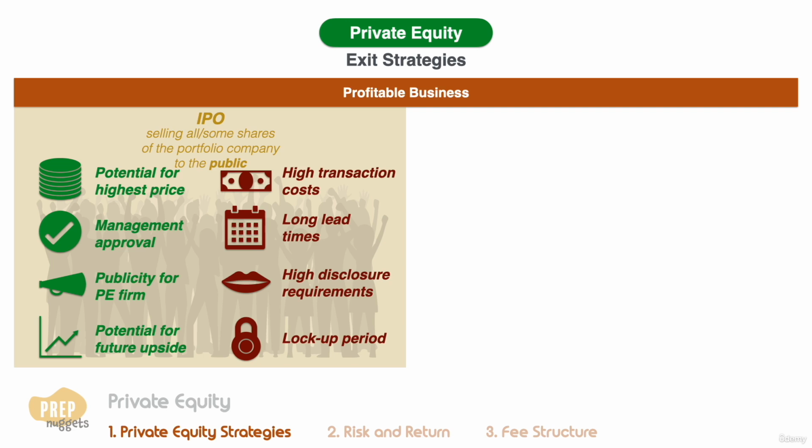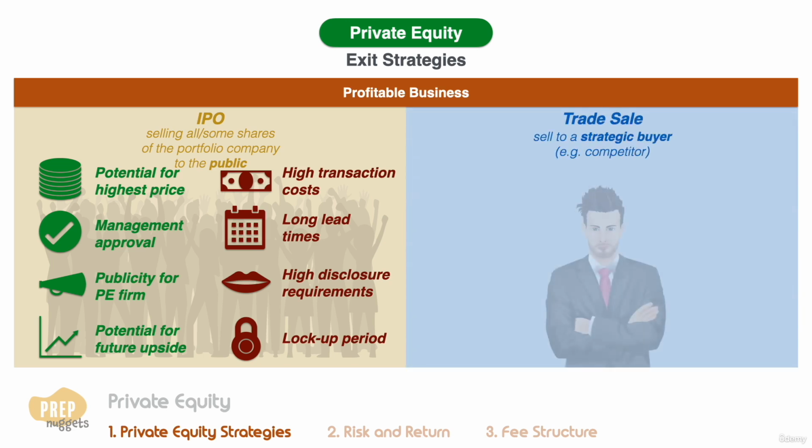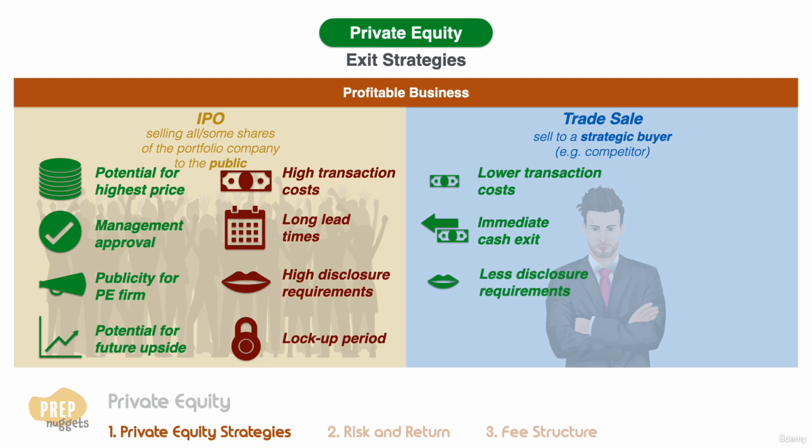If a company is not suitable for IPO, a viable alternative is to sell it through a trade sale, which is to sell to a strategic buyer such as a competitor. Benefits of a trade sale include lower transaction costs than an IPO, immediate cash exit for the private equity fund, lower levels of disclosure required, and potential for high valuation of the asset because strategic buyers may be willing to pay more.